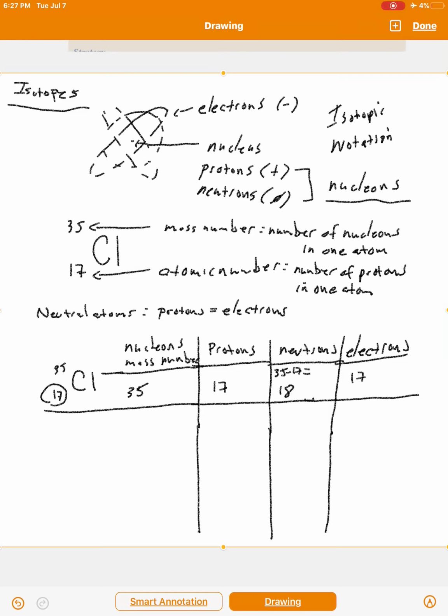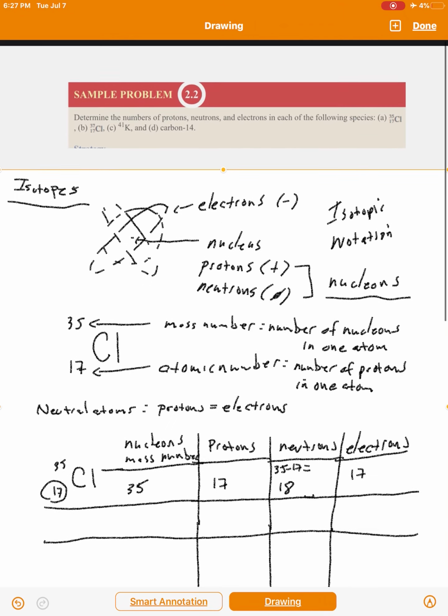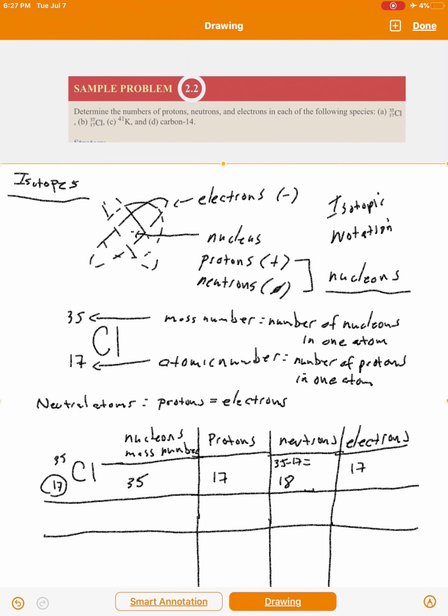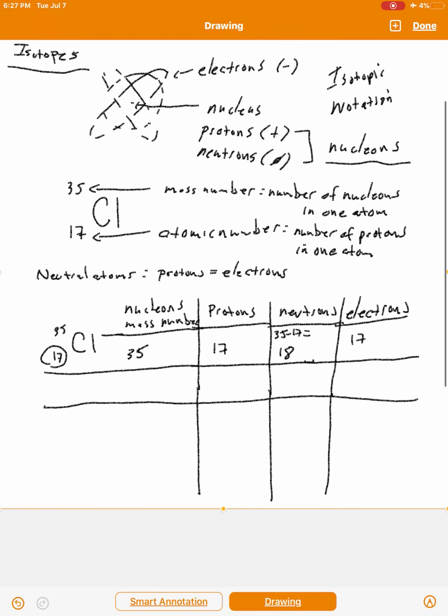The rest of this problem is just dealing with the notation. So in the second one, they give us chlorine 17, 37. So it's another form of chlorine, right? It's still chlorine. What makes an element, so what makes chlorine chlorine is actually the number of protons, interestingly enough. That's just the way atoms are designed.